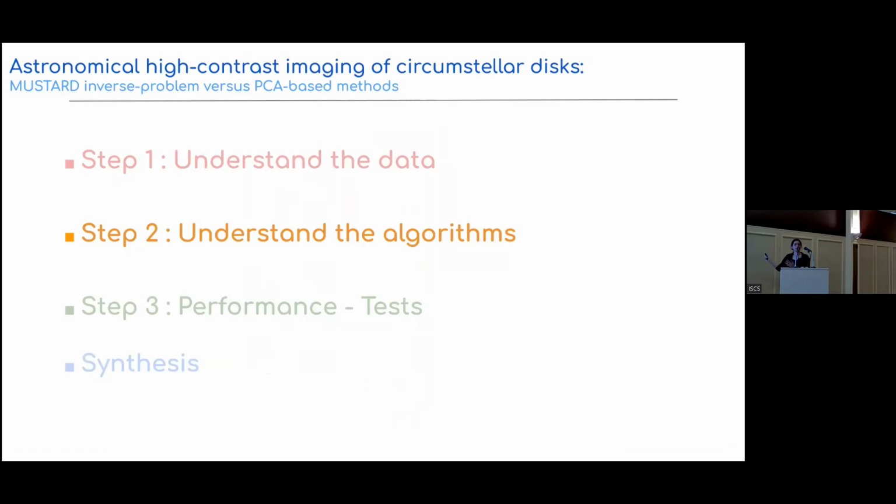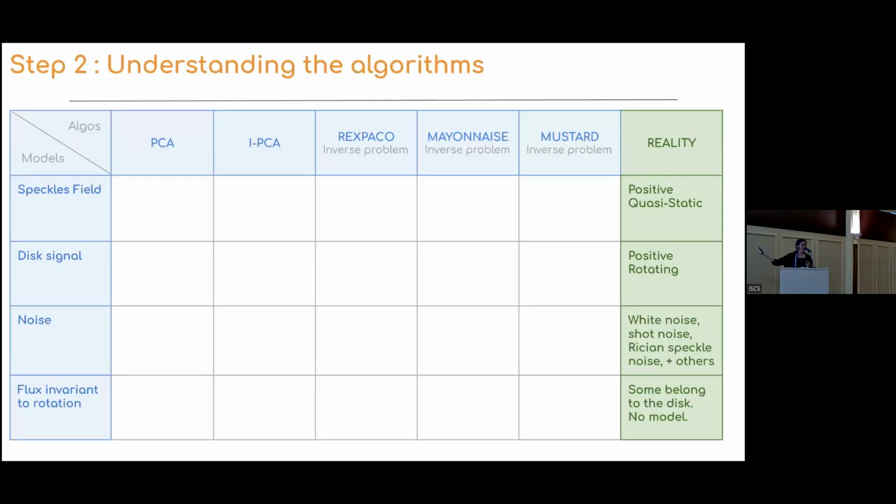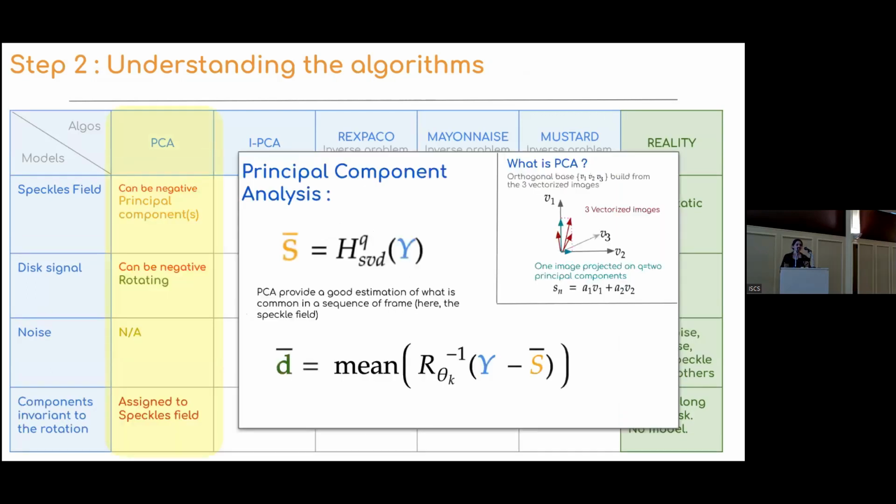Now, how are our algorithms going to deal with this? That's the step where we are going to fill the cells. So first, the PCA. I believe that most of you have some idea of what PCA is. Basically, images are vectors, a bunch of vectors in a subspace.